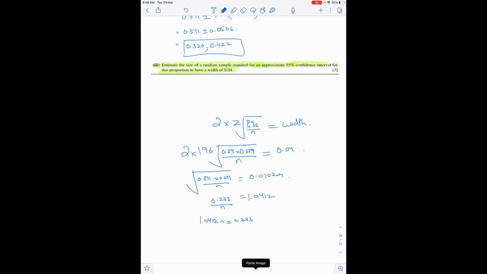Wait a minute. I think I made some calculation error because the answer is coming out to be 0 point something. Okay, so that is not a valid answer. Let me just check the calculation quickly.